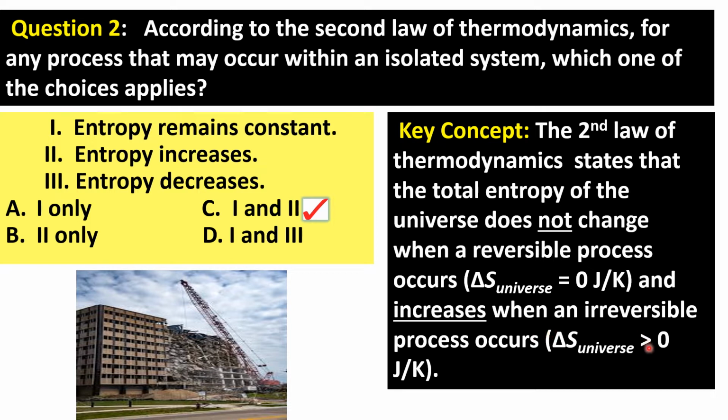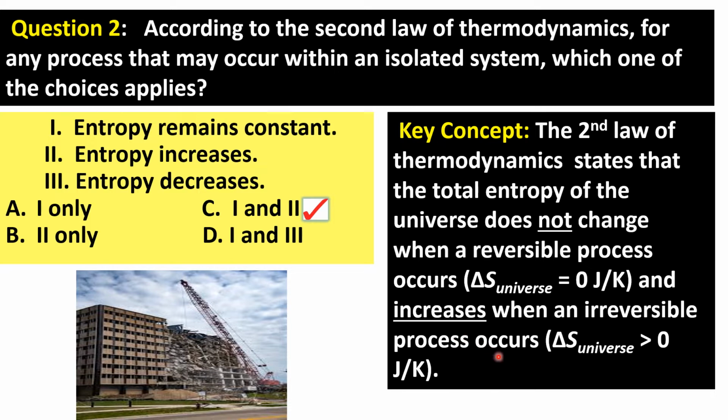It's not possible for the delta S of the whole universe to decrease. That's not possible. Inasmuch as most processes in the whole universe are considered irreversible, there are a very limited number of processes that we can think of which are, strictly speaking, reversible.